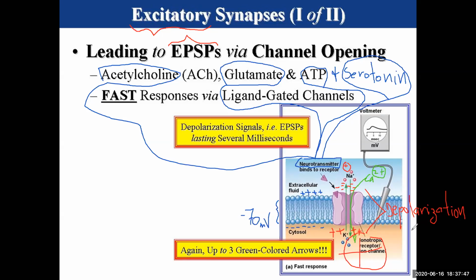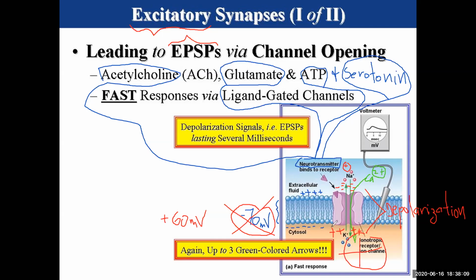Okay. And basically what it means is the cell membrane is no longer at a minus value, it will move toward a positive value, for example, plus 60 millivolts. Okay.